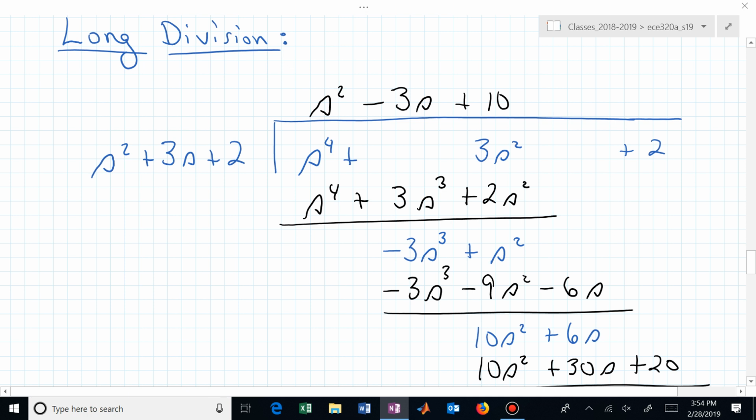Where did the number 2 come from? S to the 4th plus 3s cubed plus 2s squared. Now what are you asking? The one in the blue underneath the division symbol? It didn't go anywhere. It's still stuck upstairs.